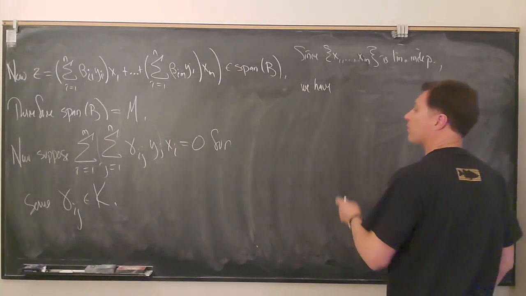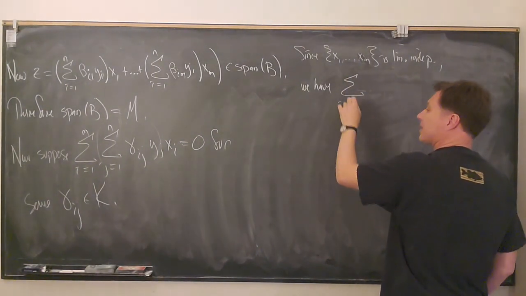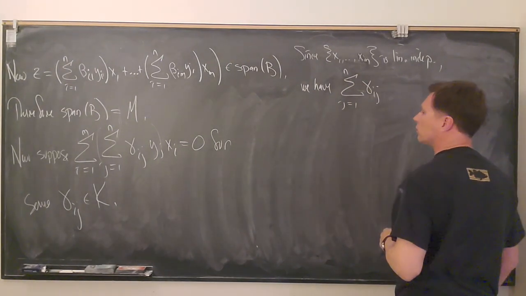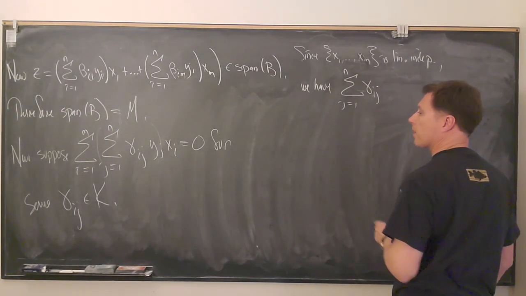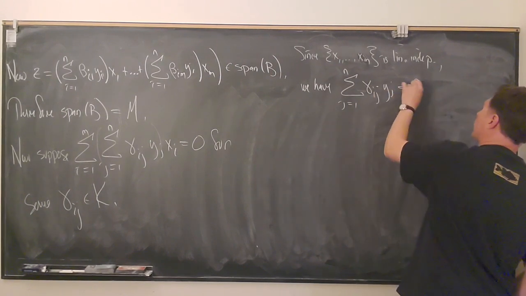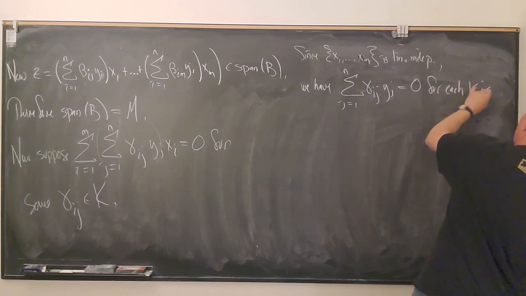So we have the sum over j equals 1 to n of gamma_ij y_j equals 0 for each 1 ≤ i ≤ m.